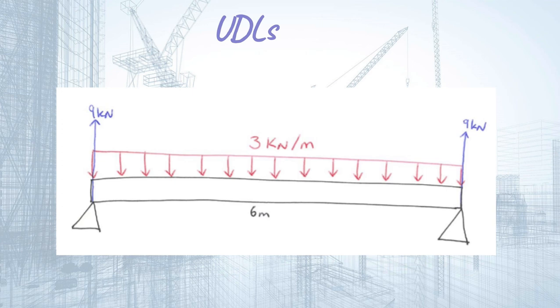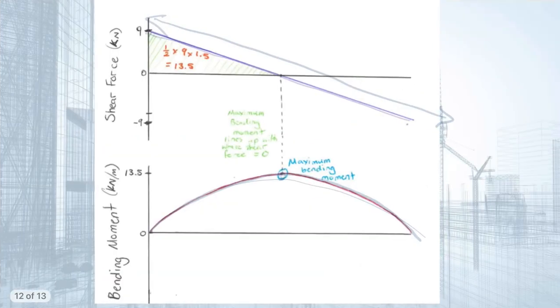UDLs, so this is part of the syllabus as well. It is uniformly distributed loads, which we covered in a previous video as well. How these apply to your bending moment diagram is basically you get a shear force that's going to go straight down just like this. And then your bending moment is going to look like a curve.